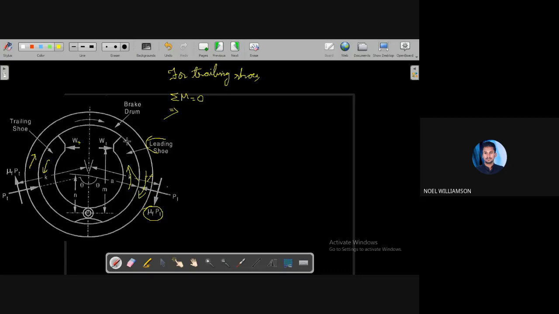As in the earlier case, we can write WT into M equal to PT into N sin theta plus mu F into PT into K minus N cos theta.